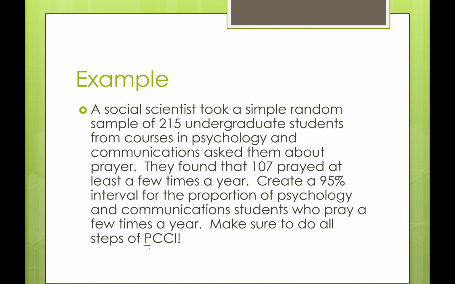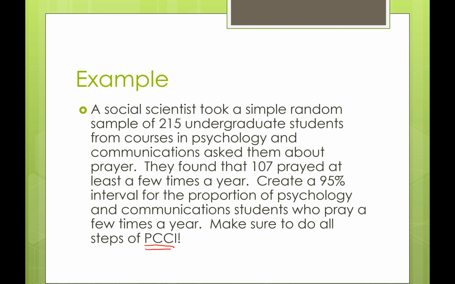So I'm going to talk you through this, and then we'll do a bunch of examples in class. The parameter, the p we're interested in, is the proportion of undergrad students in psychology and communications who pray a few times a year.